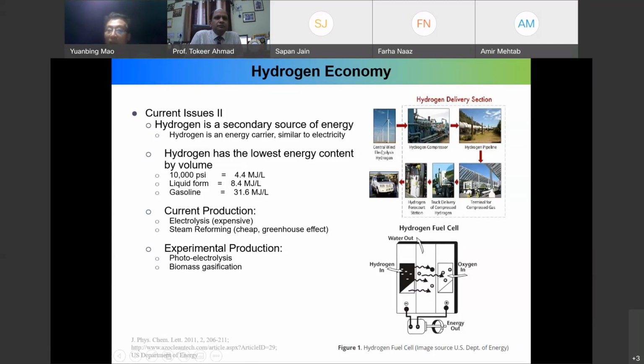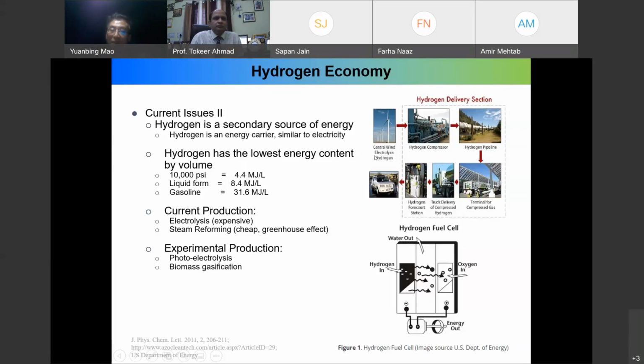So for hydrogen, there's another aspect, right? We talk about hydrogen generation and hydrogen storage, and I will show you some examples, but another thing is hydrogen delivery to the users. That's also something we need to look into.